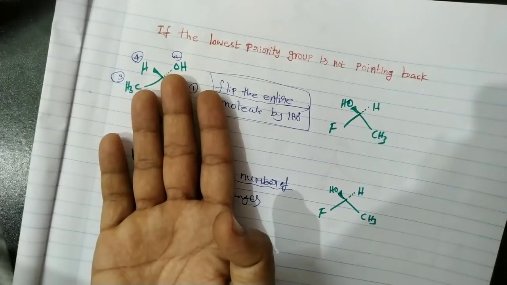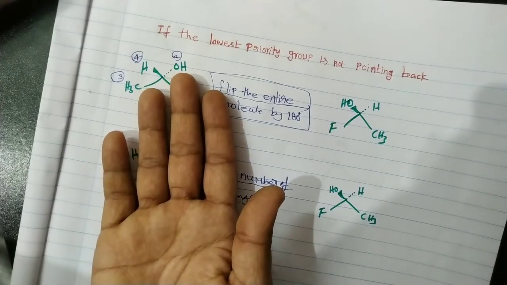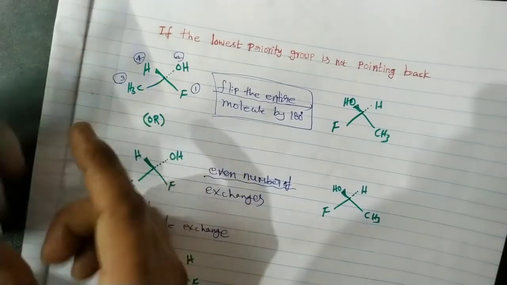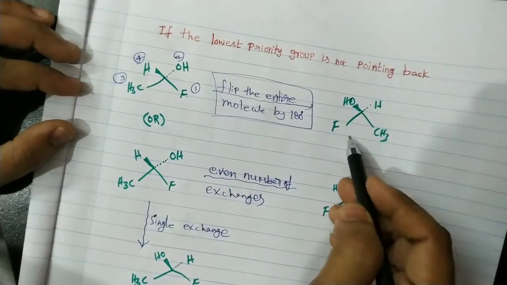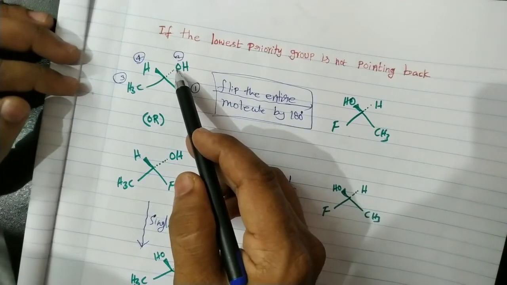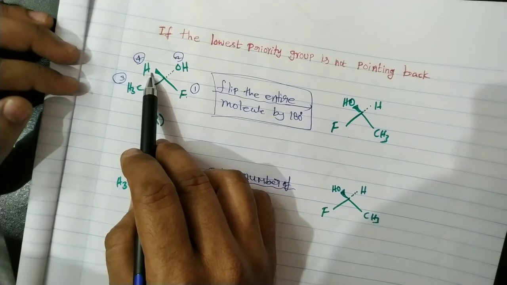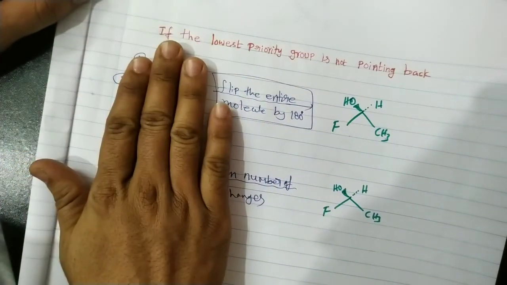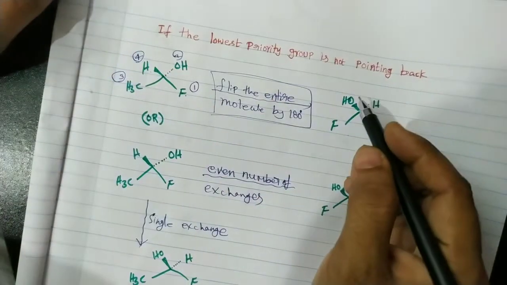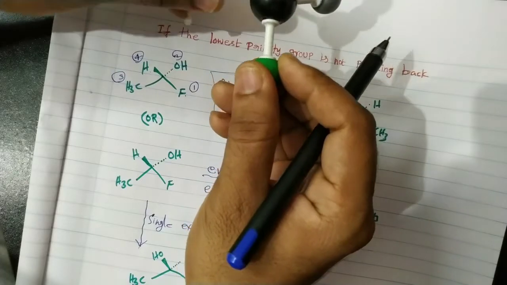Here the fluorine comes to this side and methyl comes to this side, and the groups which are below the plane come above the plane. The groups above the plane go below the plane, because the molecule is rotated 180 degrees.